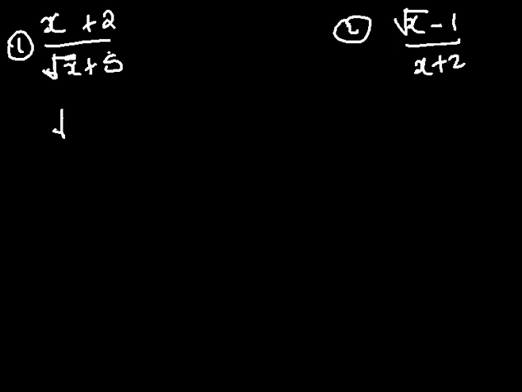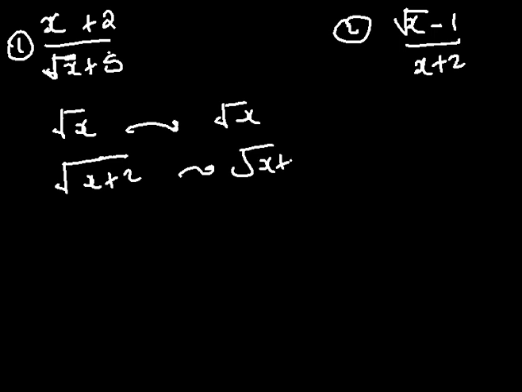And let's say we have the square root of x. So the conjugate of the square root of x is the same square root of x. And the conjugate of the square root of x plus 2 is the square root of x minus 2.